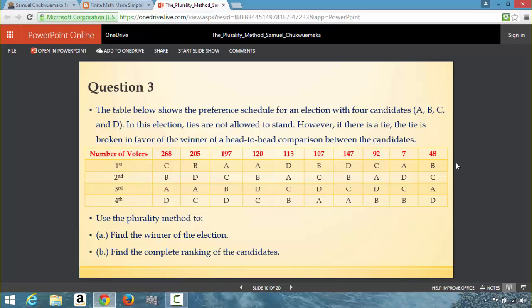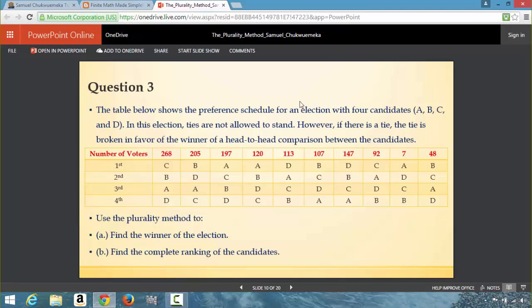Okay. Question 3. The table below shows the preference schedule for an election with 4 candidates, A, B, C, and D. In this election, ties are not allowed to stand. However, if there is a tie, the tie is broken in favor of the winner of a head-to-head comparison between the candidates.